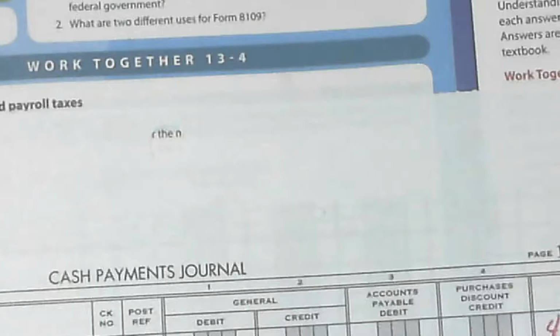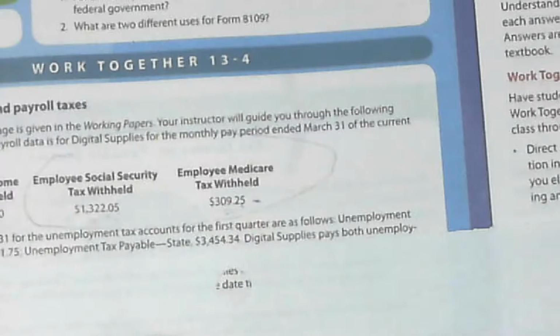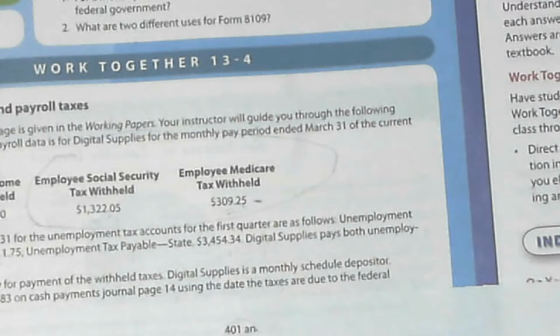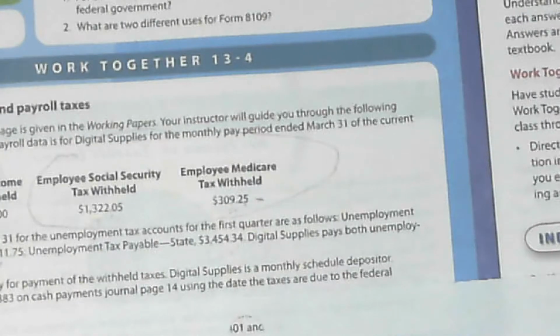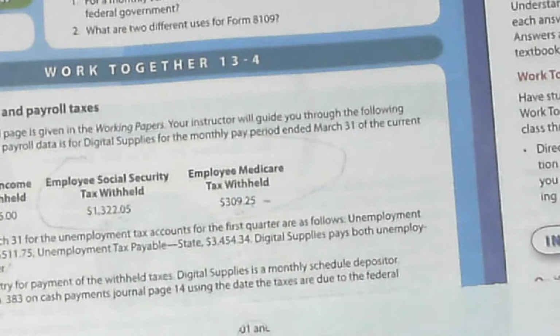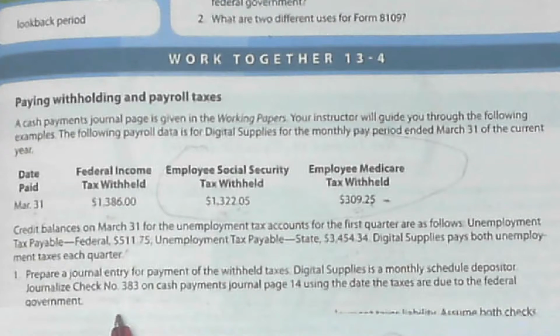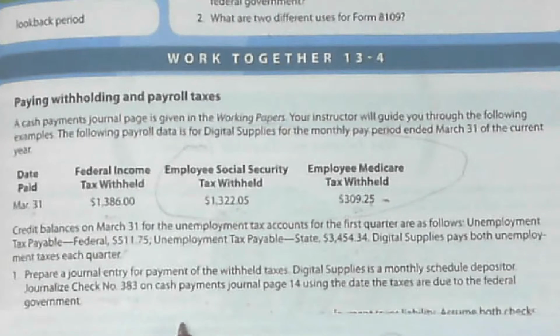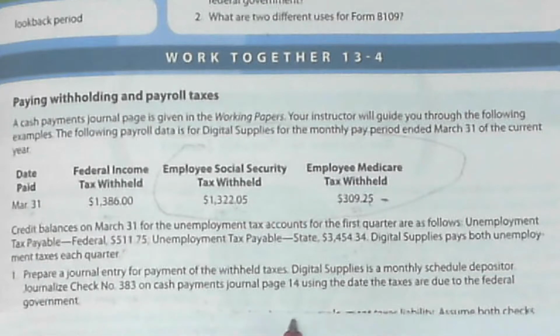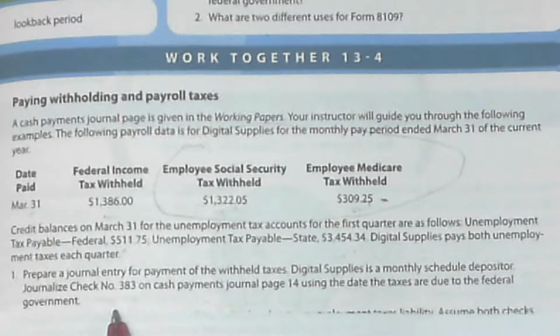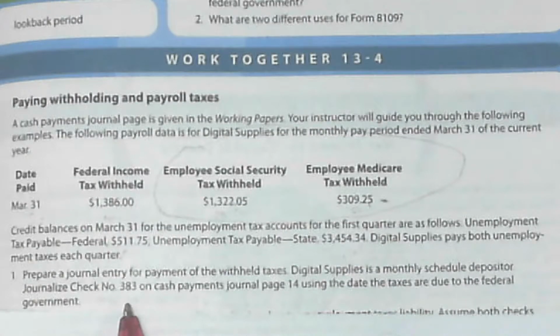And then, let's see, we'll find our check number down here somewhere. So yeah, here in step 1, prepare the journal entry for the withheld taxes, check number 383.